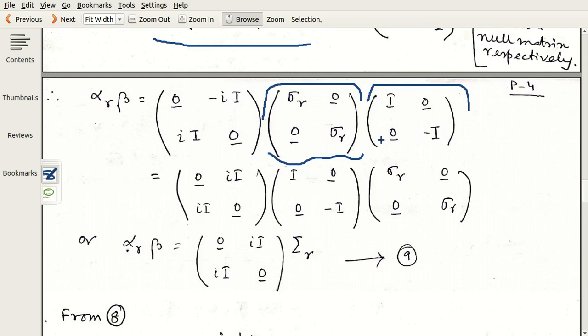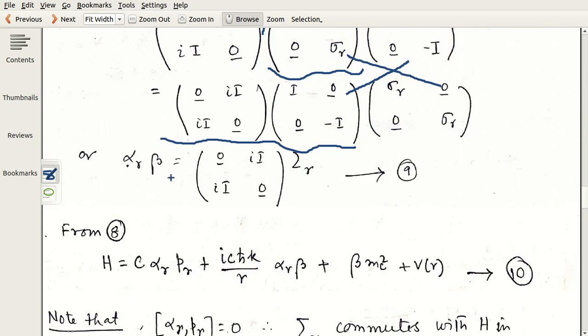So you change the places, you put the beta matrix inside and the sigma matrix at the extreme right. And now you carry out this matrix multiplication and use the compact form, capital Sigma r. So your alpha r beta is this shape.